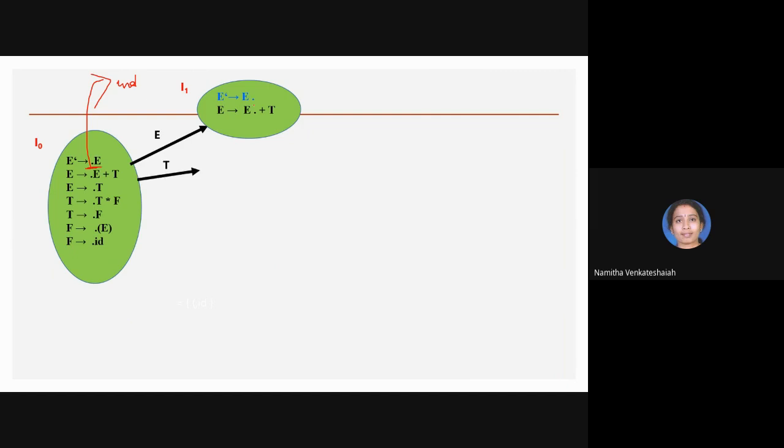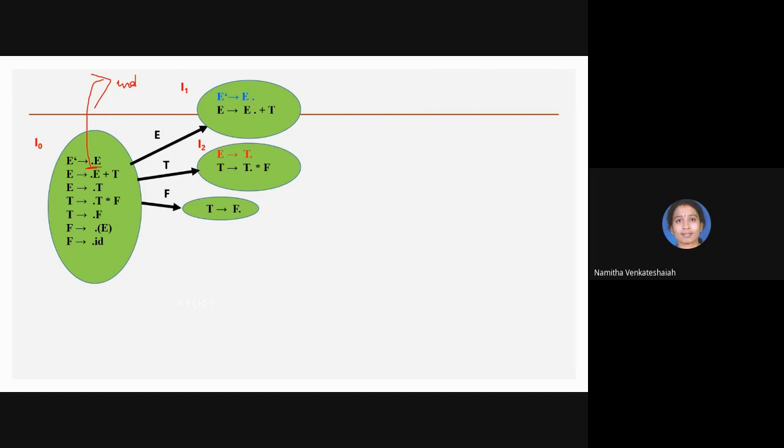So now on applying T, what happens? E produces T dot, and T produces T dot star F. And next, on applying F, T produces F dot.